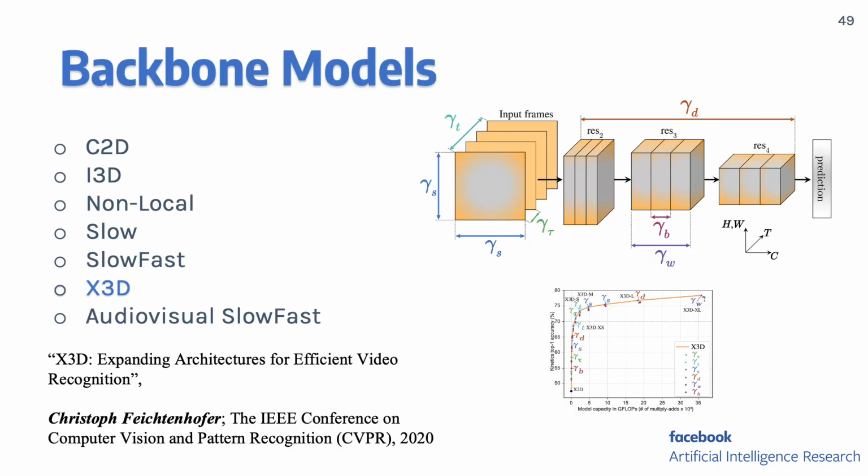If you are interested in what we have for CVPR 2020, PySlowFast is also releasing X3D networks, and our paper will be presented on Tuesday. The author is Christoph, and the title is X3D: Expanding Architectures for Efficient Video Recognition.